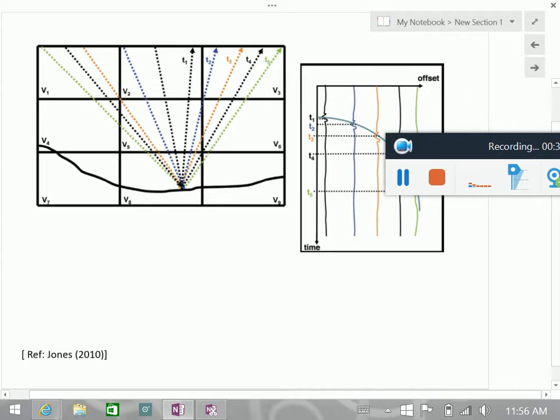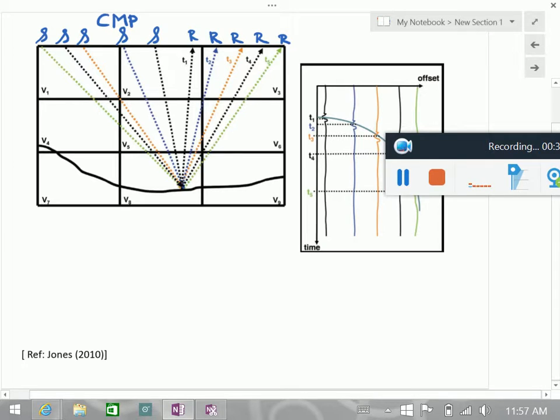Now we have, of course, more than 1 receiver. Now we have these sources and these receivers. This kind of geometry of source and receiver, we normally refer to this as common middle point, midpoint.